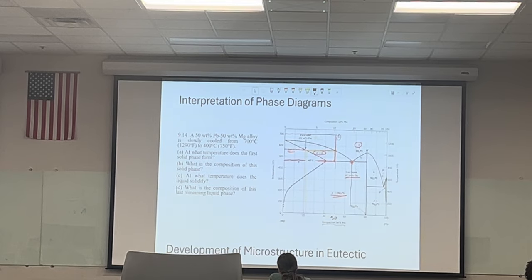If I draw my line down, it looks like 65, but technically, according to the book, it says 67. So we would read that as 67% lead, but then you have to remember that magnesium is a part of that. So take 100 minus 67, and you end up with the other part, which should be 33% magnesium, for example.